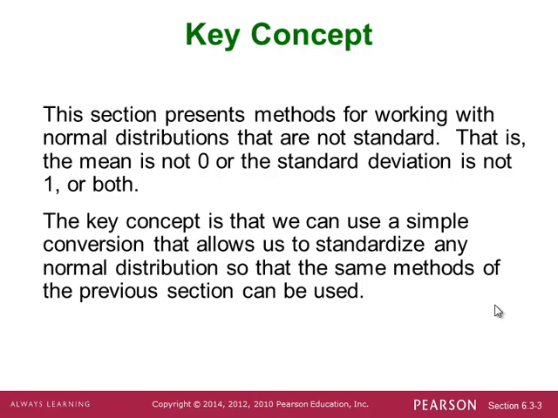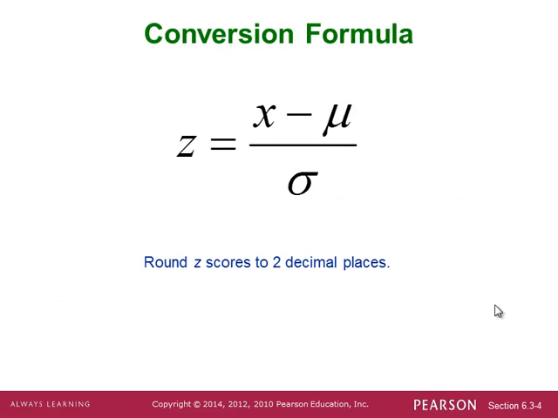So again, if you remember what we did last time in calculating probabilities for the standard normal, this is just like it. But what we have to do is take the value or observation x, if it's from a distribution that is normal but not standard normal, and convert it to a z-score.